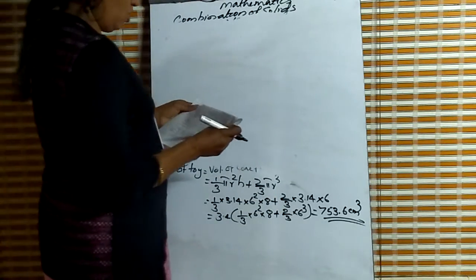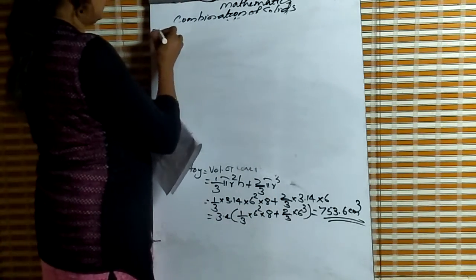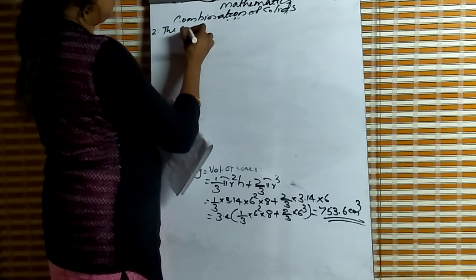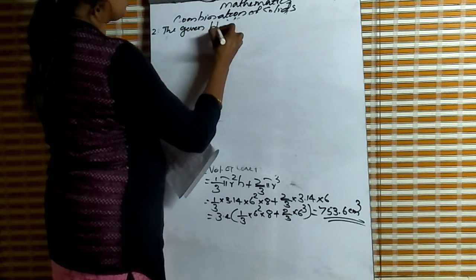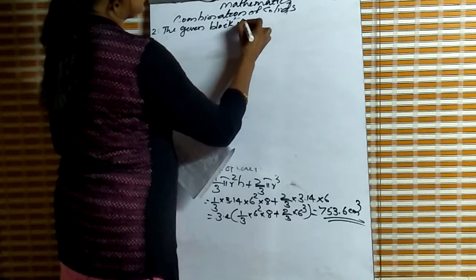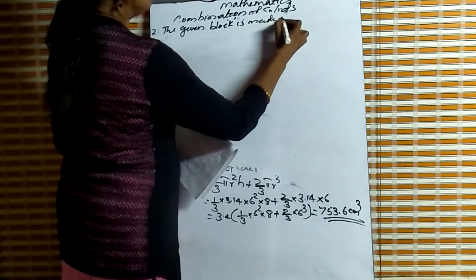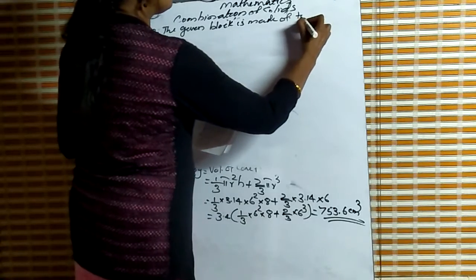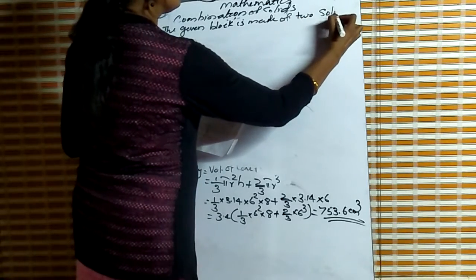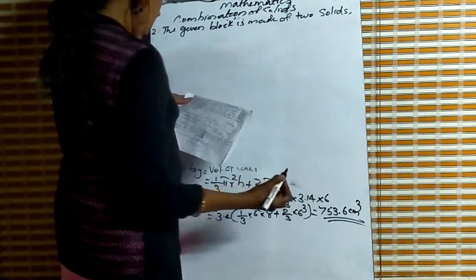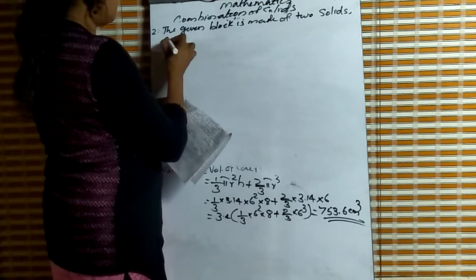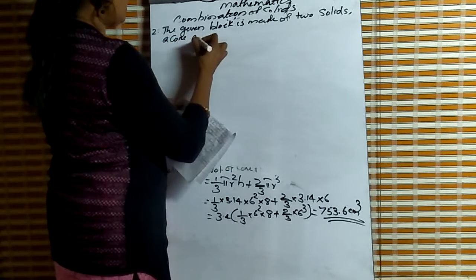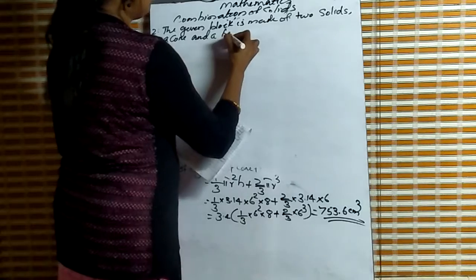The given block is made of two solids, a cone and a hemisphere.